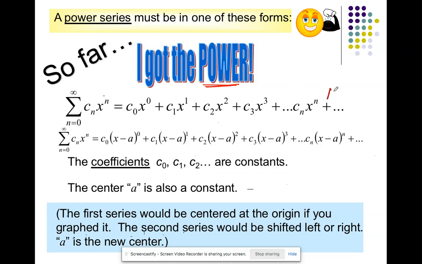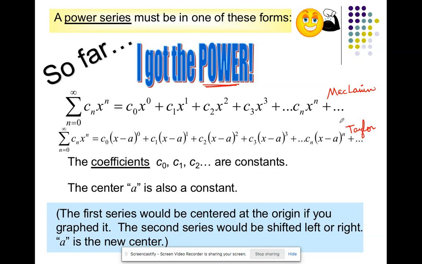We're going to give these names. I am going to call a series whose center is at 0 a Maclaurin series. And I am going to call any series of this form a Taylor series. So Taylor is your bigger set.